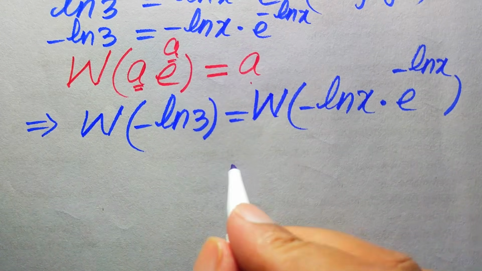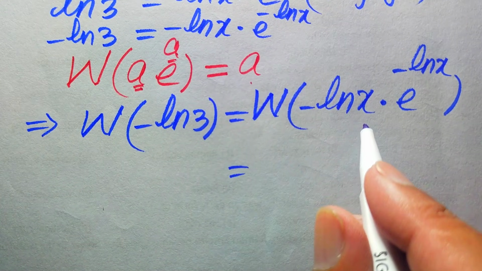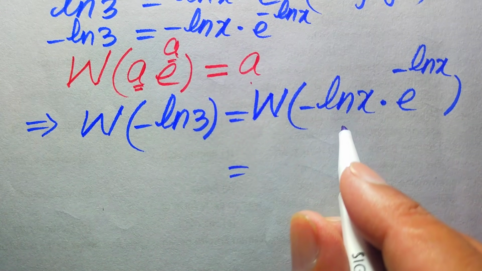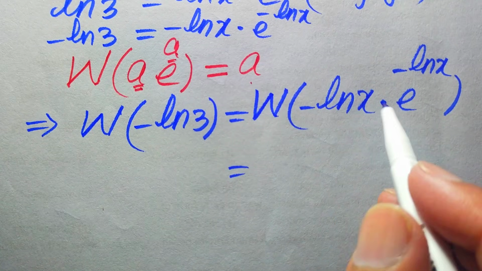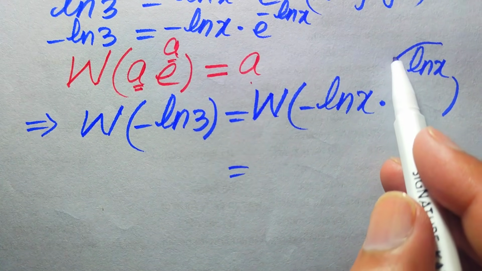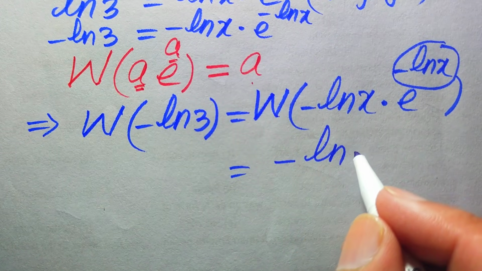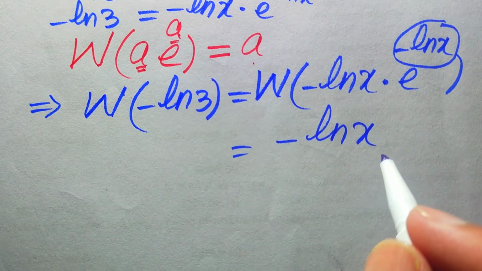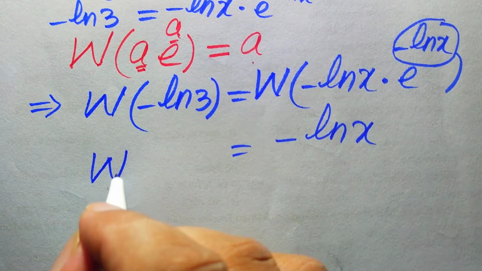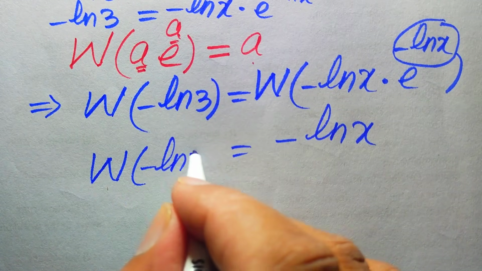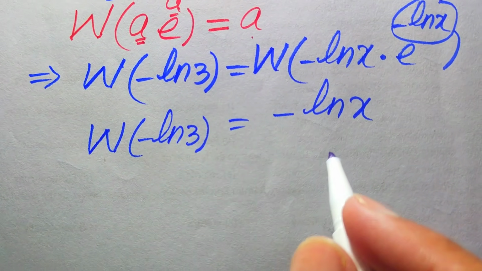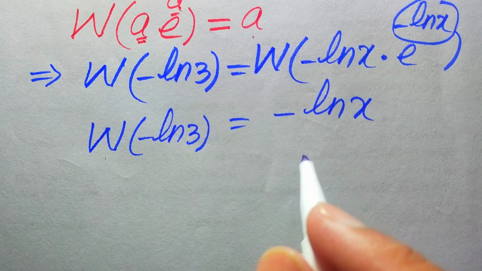By the definition of the Lambert W function, we just get the exponent of e as the output. So we obtain W of minus log 3 is equal to minus log x.